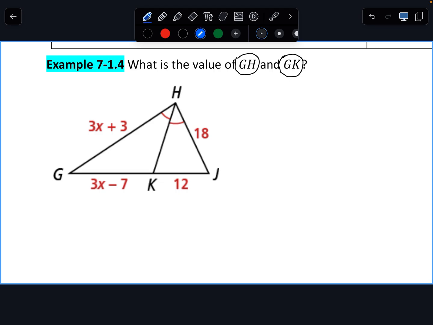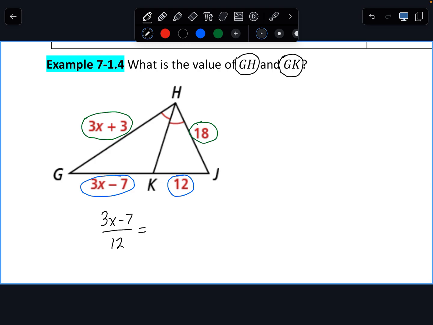All right, so I'm going to make a fraction out of the two pieces of that third side. HK is an angle bisector, and I'm going to make a fraction out of the 3x minus 7 and the 12. So I'm going to say 3x minus 7 over 12. And now I'm going to create another fraction using the side lengths of the triangle itself, the 3x plus 3 and the 18.